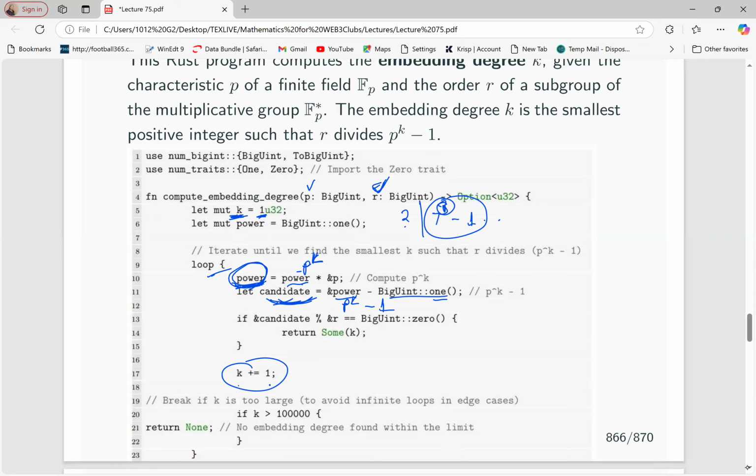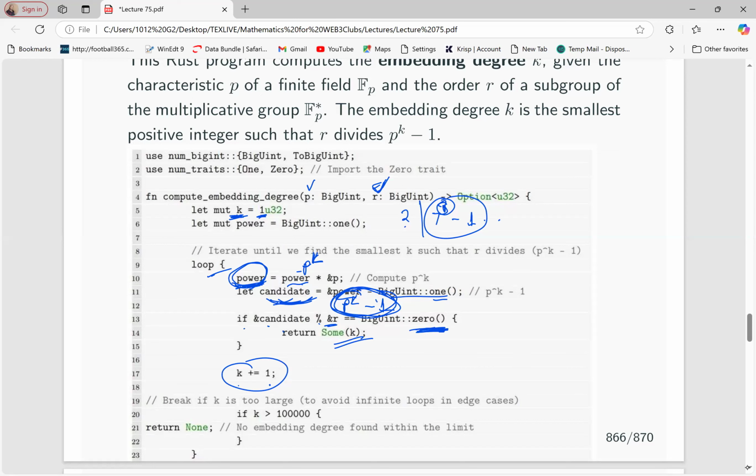Now, this is the candidate. If this candidate divided by r gives you a remainder of 0, then you've just found the k you are looking for.